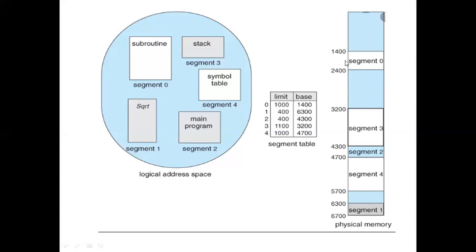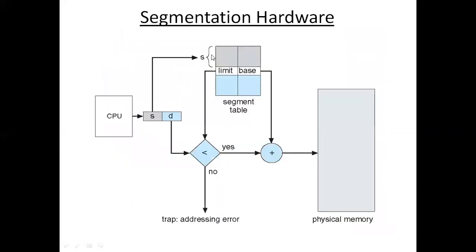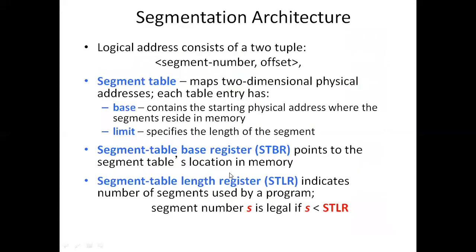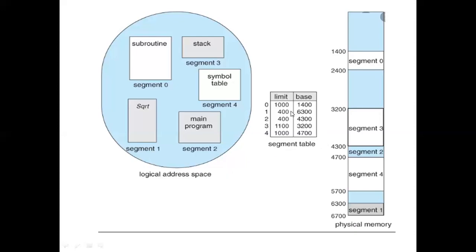Is that greater than 1000? Yes. If it is greater than 1000, then it is an error. So the offset that is generated should always be less than 1000. So it starts over here and ends over here.